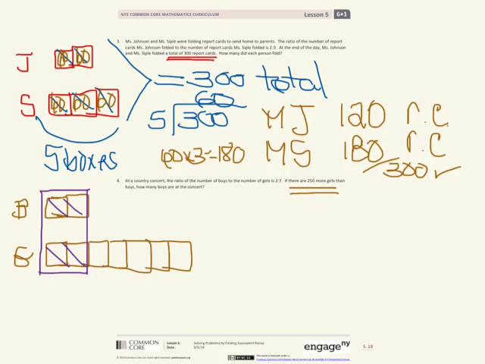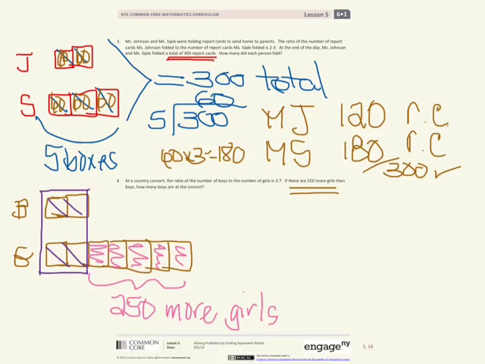So those are equal. Now, this means that the remaining part represents the 250 more girls. And if that represents 250 more girls, I can figure out the value inside each box by taking 250 and dividing it by 5 boxes.